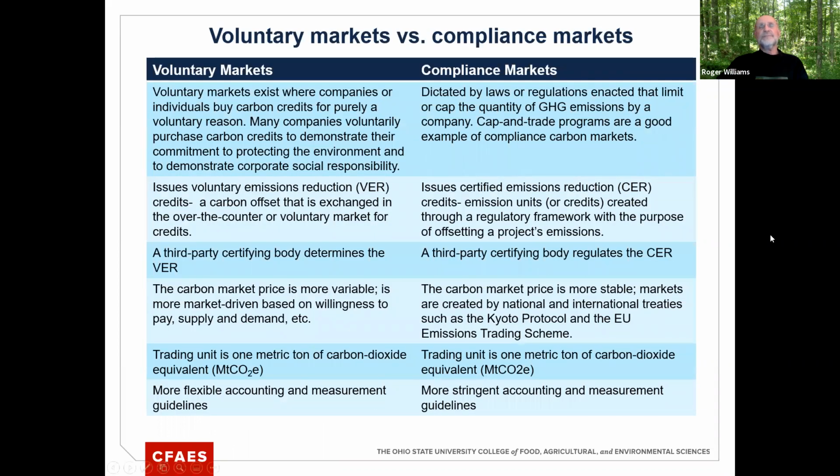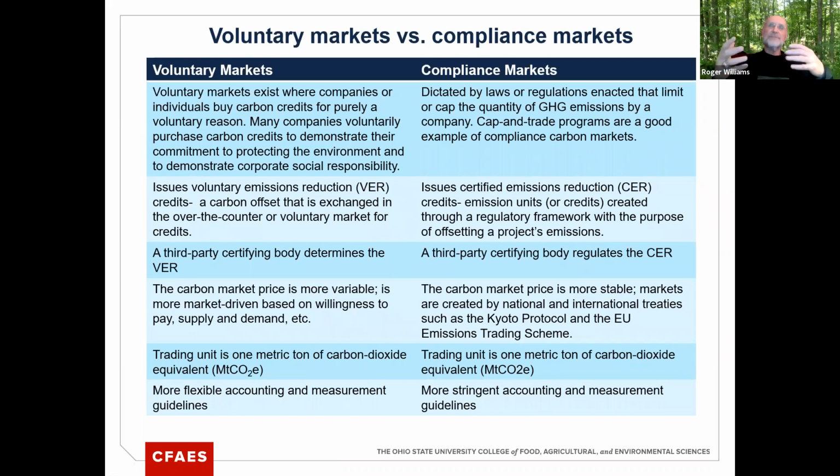Now, I'm not going to go through all the details of the differences here, but when we look at carbon markets, there are what are referred to as voluntary markets, and then there are compliance markets.